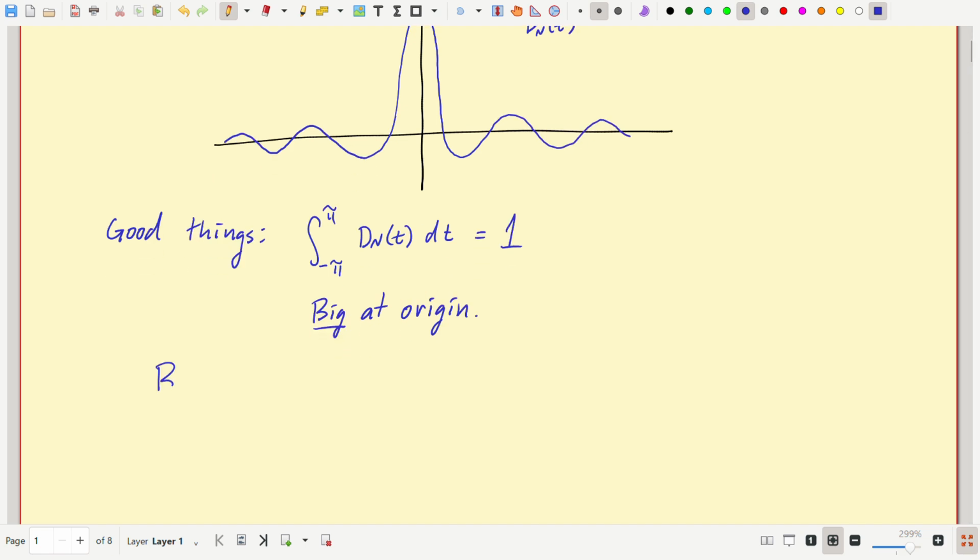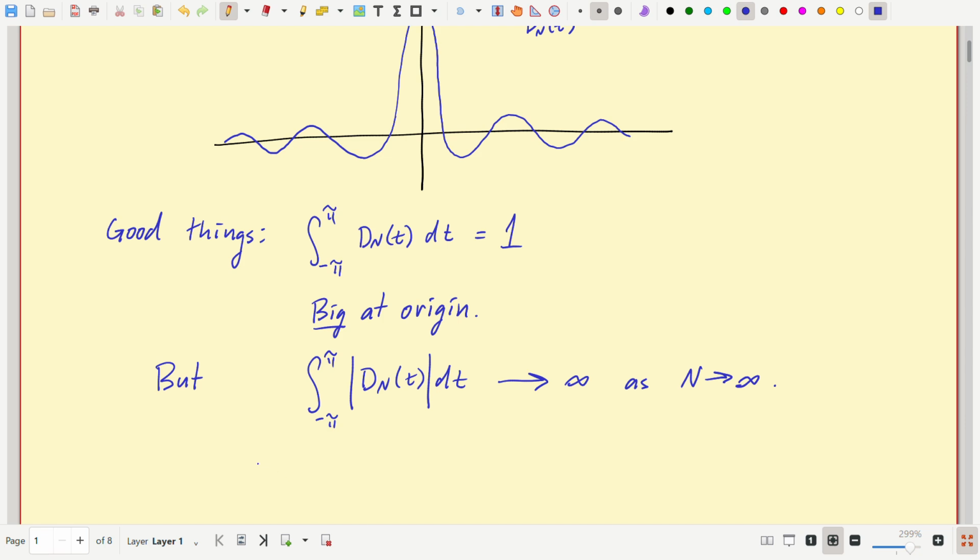But it turns out that if you integrate the absolute value of that thing, that goes to infinity as n goes to infinity.